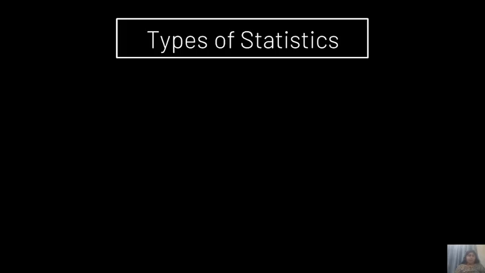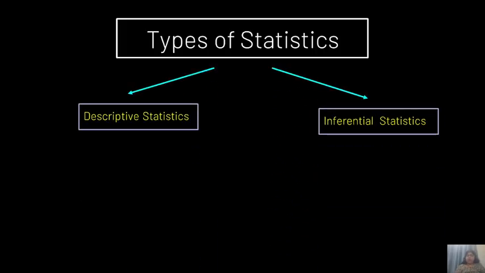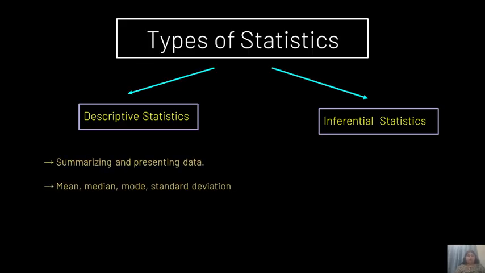Let's move towards the last topic for today, that is types of statistics. Statistics can be classified as two types, descriptive statistics and inferential statistics. It is said that if you want to learn anything, you should always look at the definition of the words. What does descriptive mean? It means to describe something. For example, you've got a phone and you have been using it for a while.